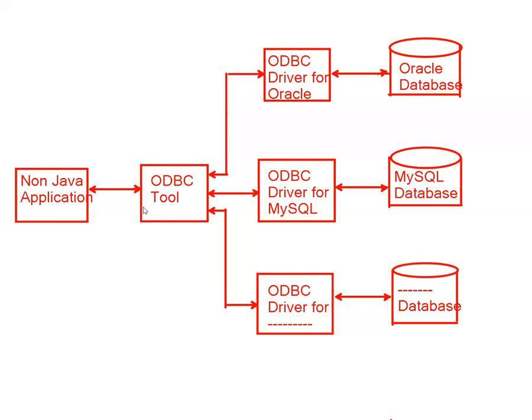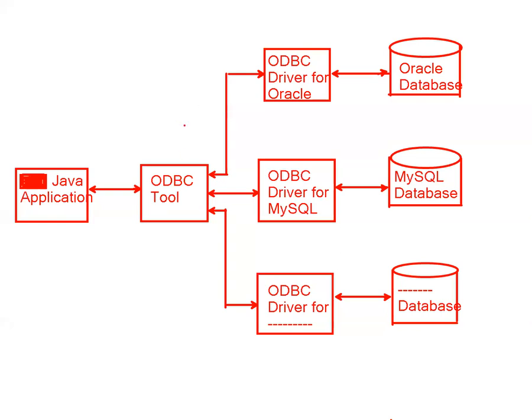When Java came into the market, they connected in the same style, using only Java. They tried, but this connection failed. Java application, ODBC driver, database: they connected like this, but the connection failed.